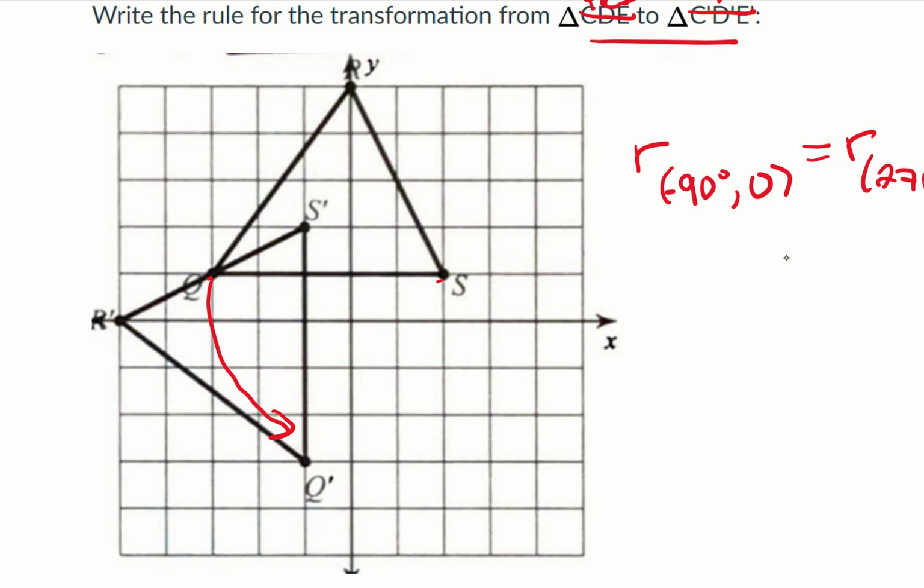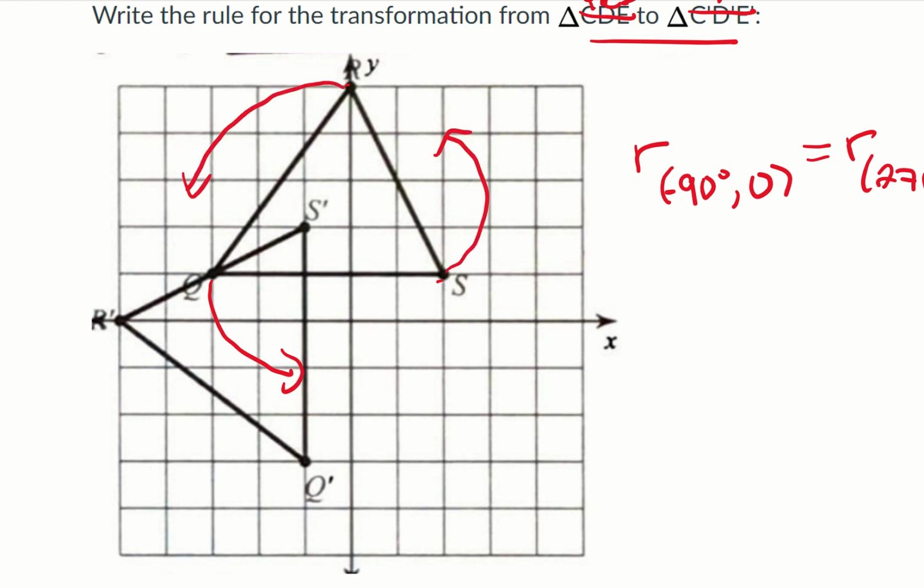I'm supposed to be rotating this downward like this, and then the R like this, and then the S like this.